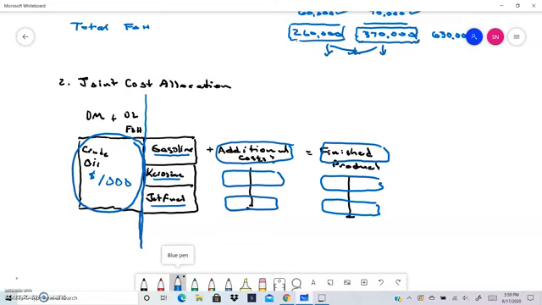So there's a couple different ways that we can do that. And by the way, at the point in time where the product now becomes distinguishable, we call that the split-off point. So at the split-off point, now we know that what we're dealing with is gasoline, kerosene, and jet fuel.